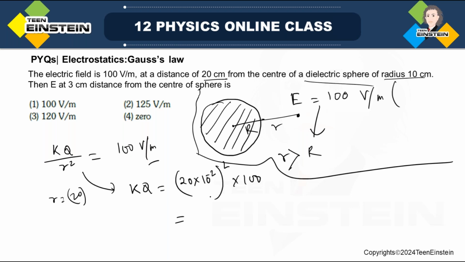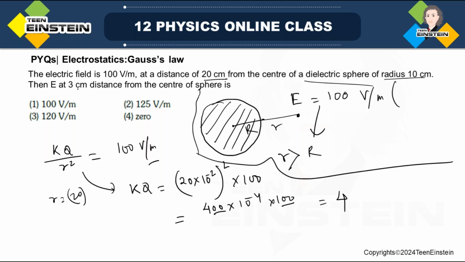So we will get kq from here, and I will get actually 4. So this is the value of k into q.